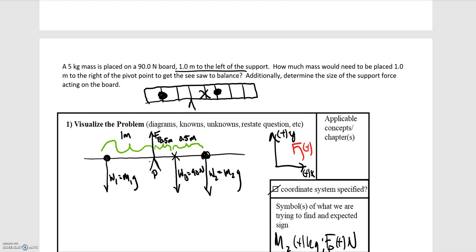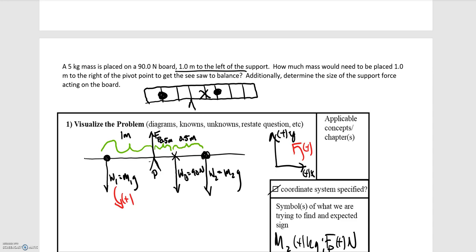Let's look at the weight force due to the first block, and see what kind of rotation it wants to cause. That wants to cause a counterclockwise rotation, so the torque as a result of this weight force will be positive.